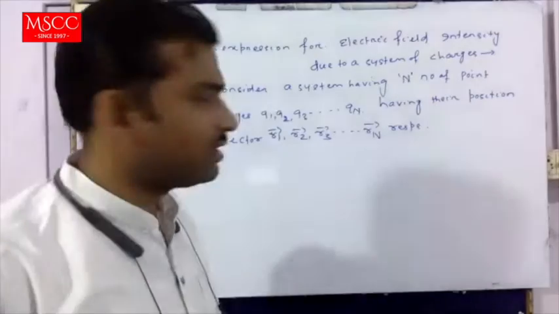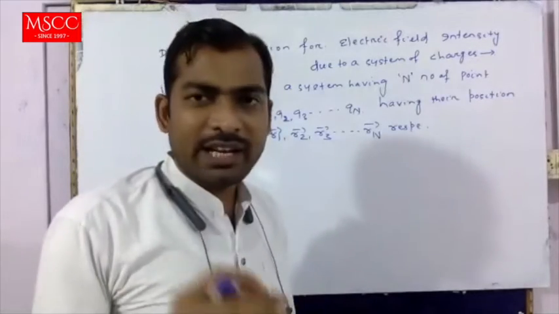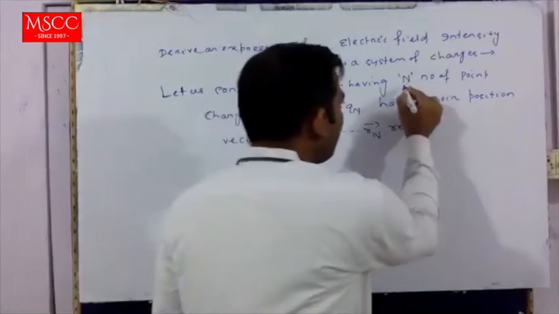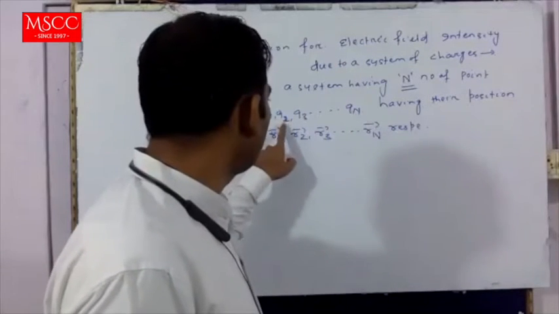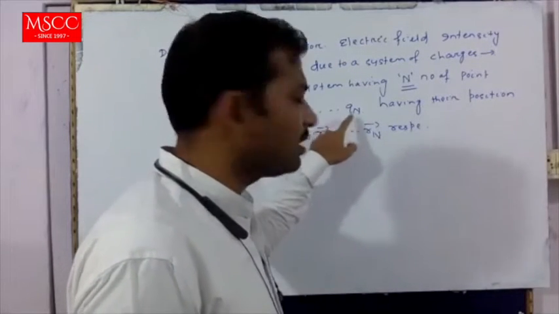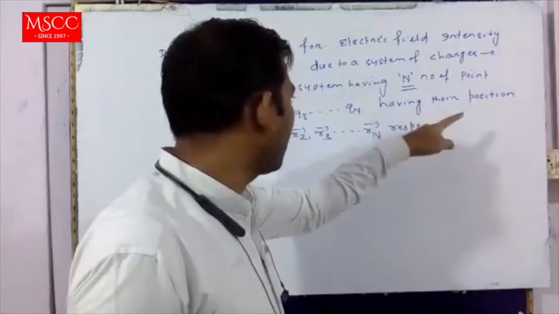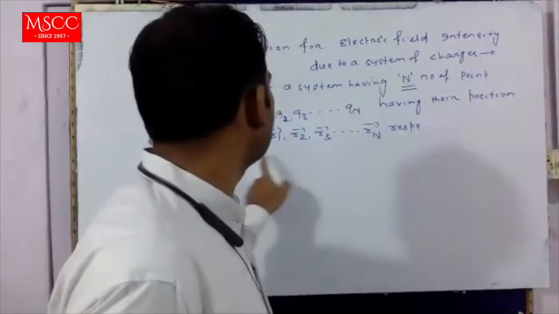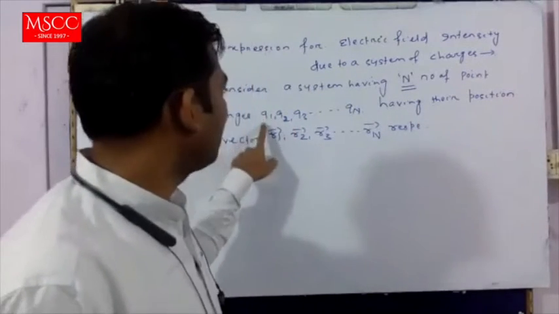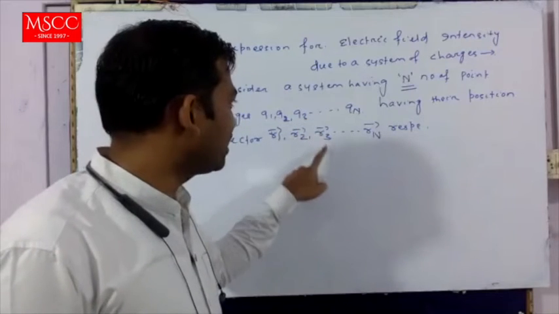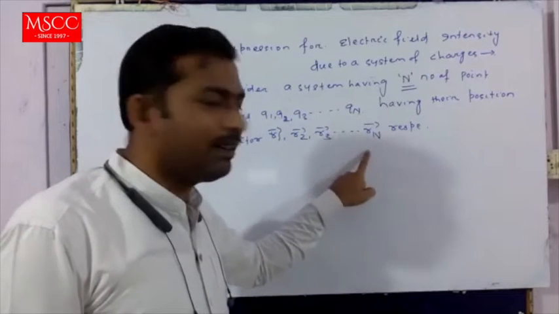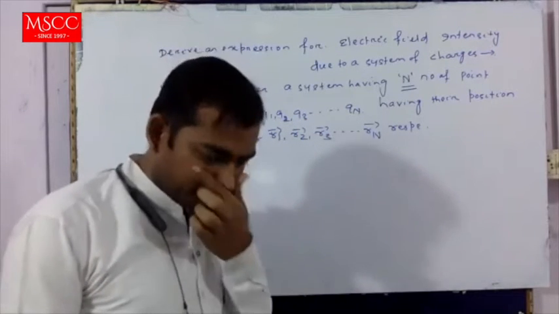Let us consider a system having n number of point charges Q1, Q2, Q3, Qn, having their respective position vectors: Q1, R1; Q2, R2; Q3, R3; Qn, Rn respectively.